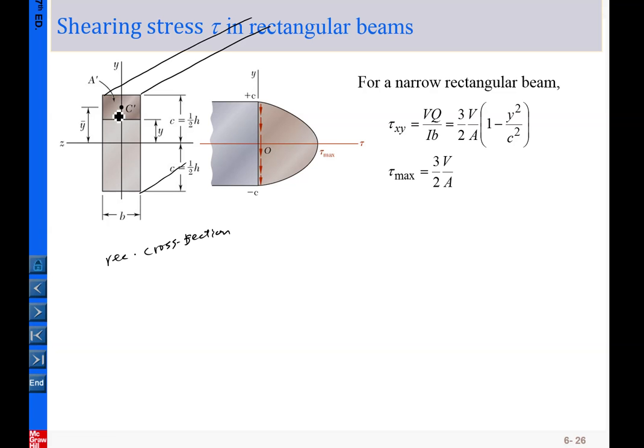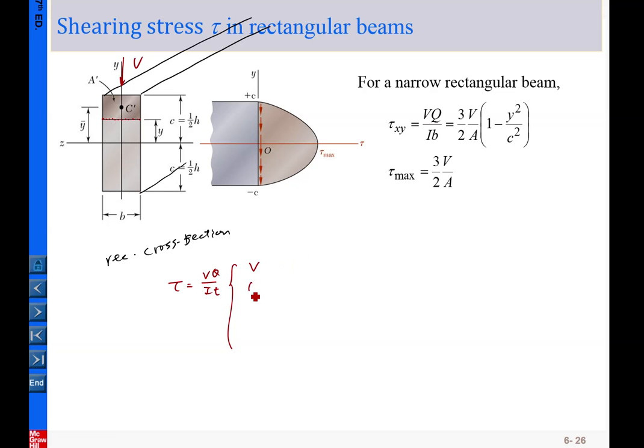For example, let us pick the level at which we're interested in determining the tau. So tau equals VQ over It. We can individually determine V, the transverse loading, which we suppose we know; you can obtain it from the shear force diagram.